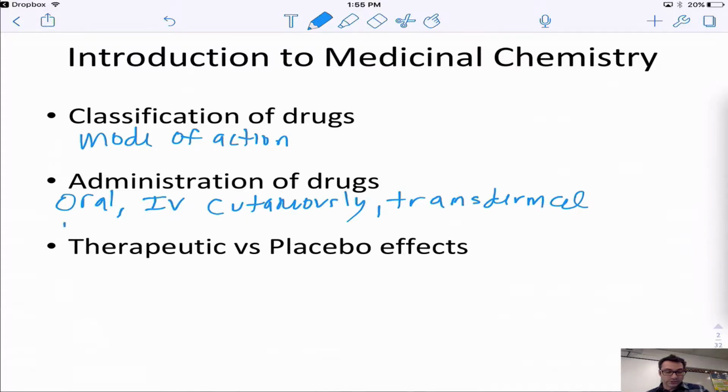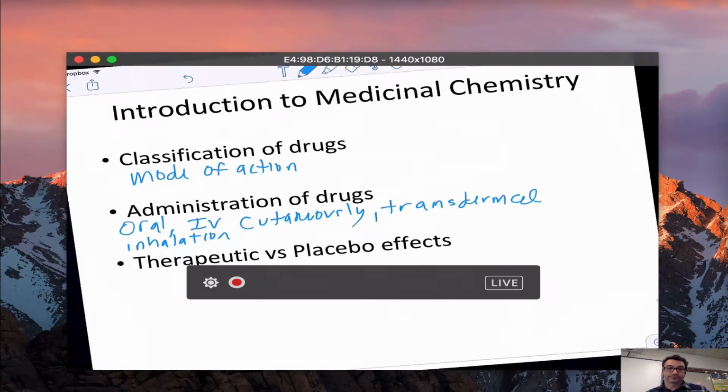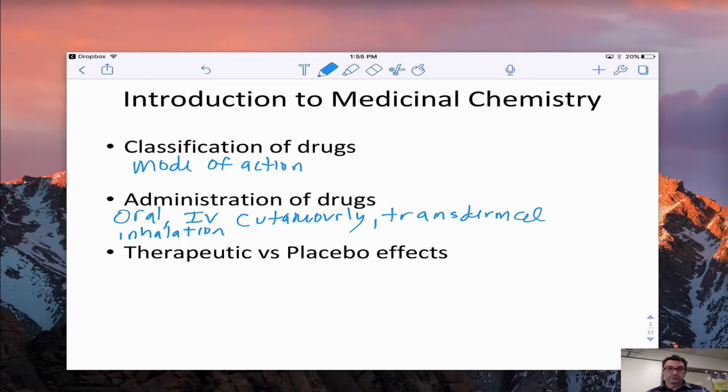There's also inhalation. If you inhale a particular drug, like a lot of the new Flonase antihistamine drugs, those are done through inhalation.